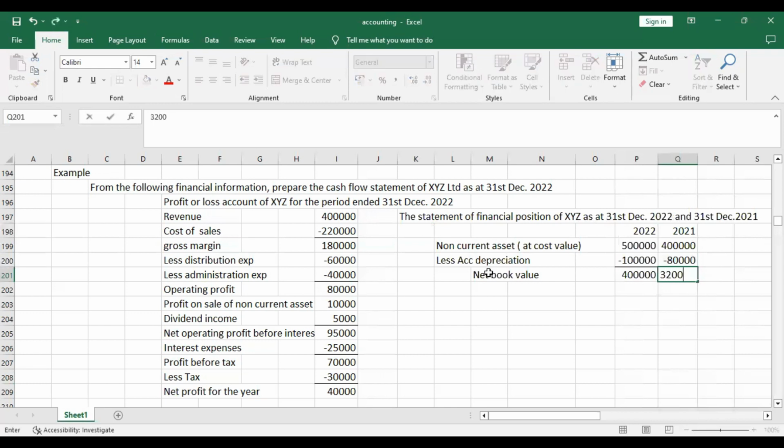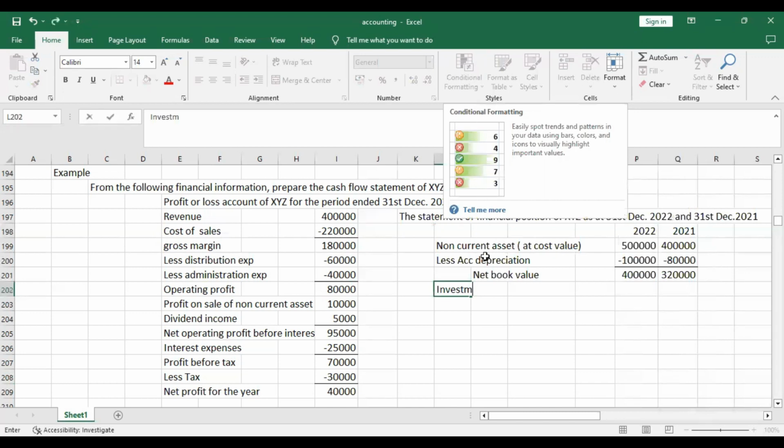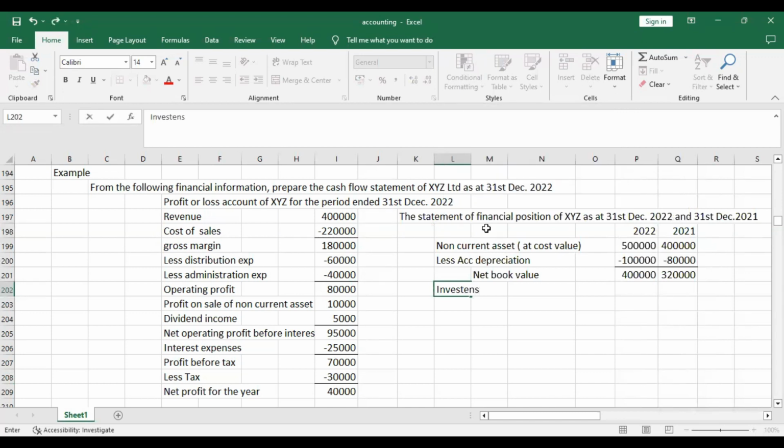Next, they have given you investments. How much is given for investments? 1 lakh and 50,000.